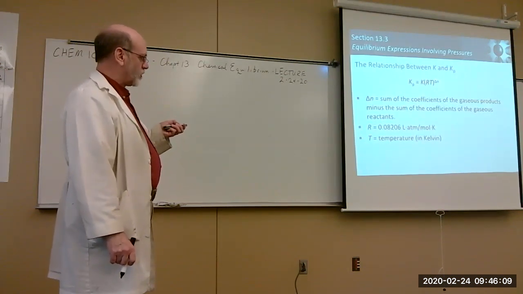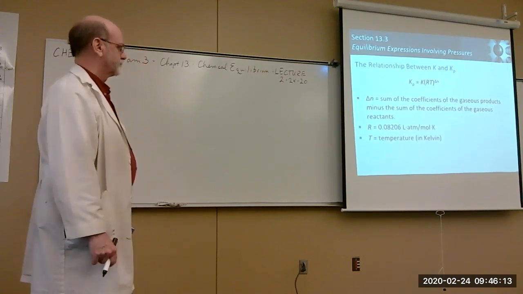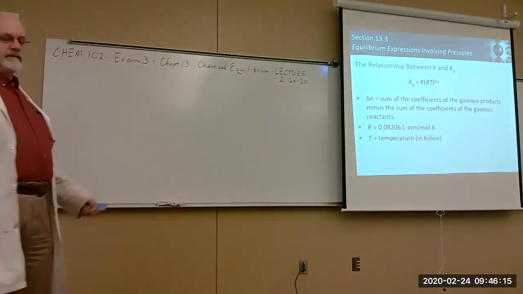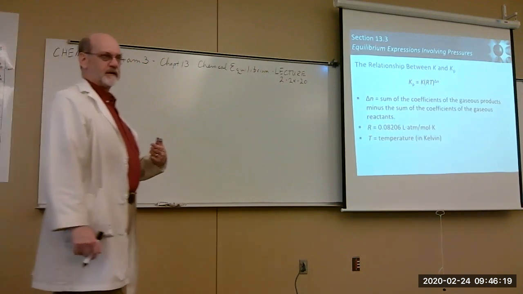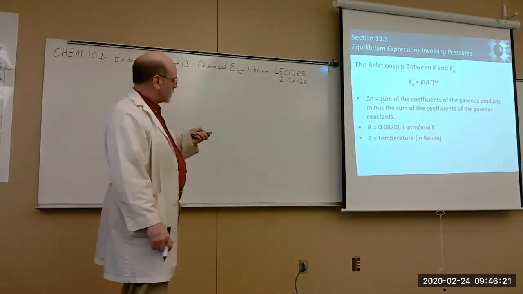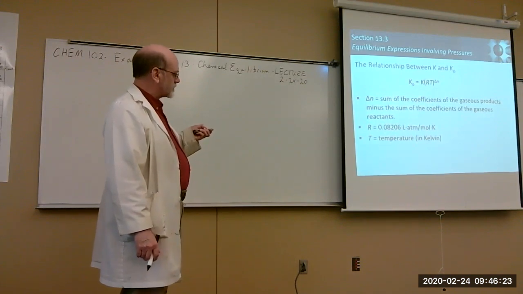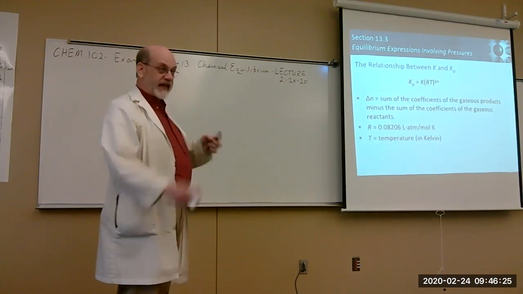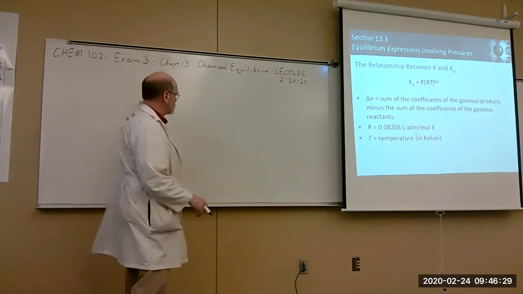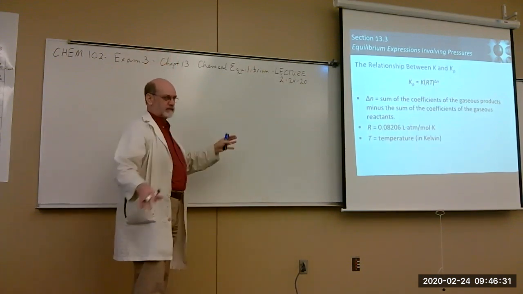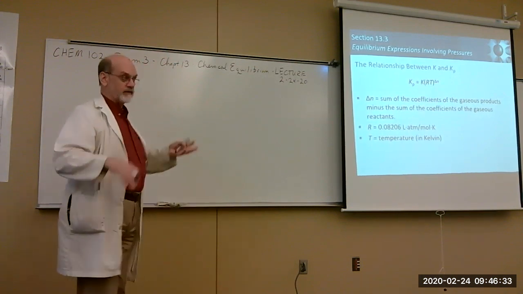And then we have to figure out what is this delta N. Delta N is the change in moles. So if we know the coefficients of the gases only, and of course, if your reaction is all gases, then no big deal. Just use all of them.